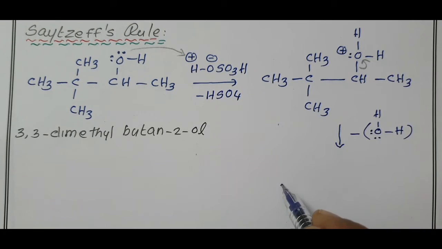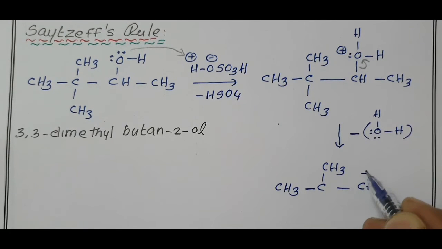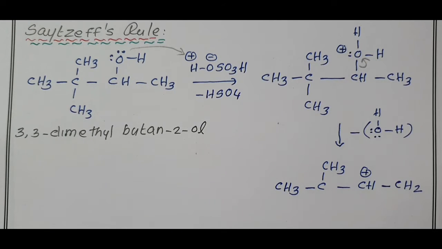CH3, CH3, here you have one CH, there is a positive charge on the oxygen atom. The last carbon is CH3. Now I separate one hydrogen from the last carbon atom.